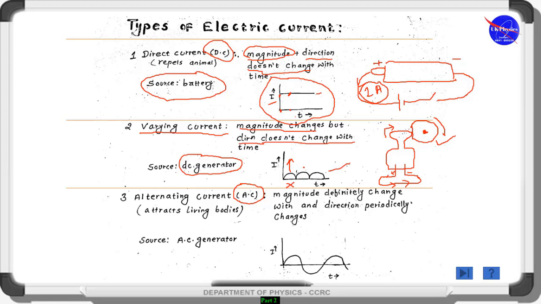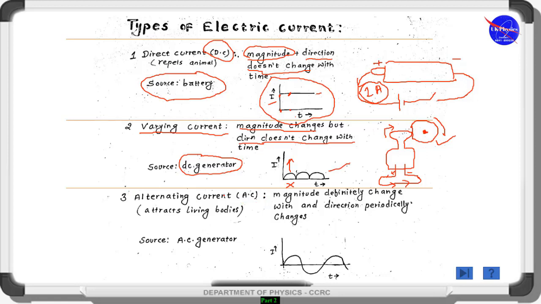That is, it is a unidirectional flow of current. So from this graph we also observe that the direction is constant but the magnitude is varying. So in varying current, the magnitude changes but the direction does not change with time.